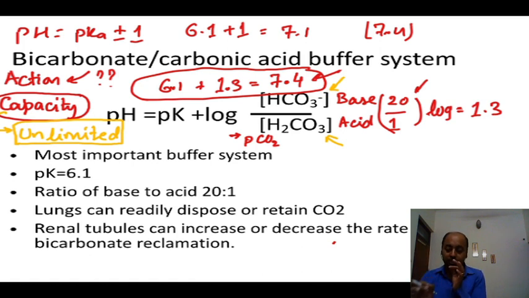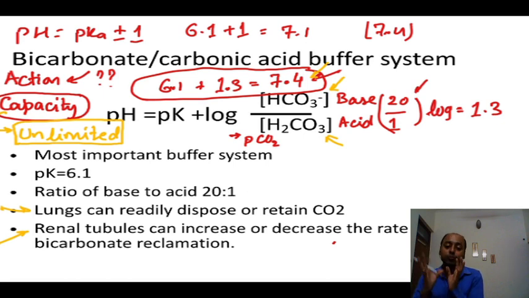So two things I told you: the bicarbonate buffer system has best action at pH 7.4, which is the physiological pH of blood. So it is the best buffer. It has the best buffering capacity because of the help it receives from the lungs and kidney, which can quickly change the numerator and denominator.